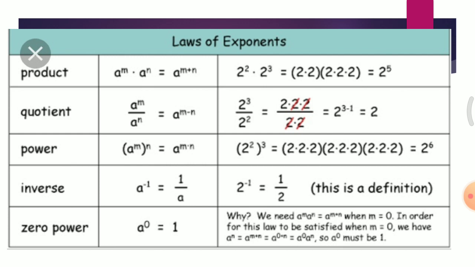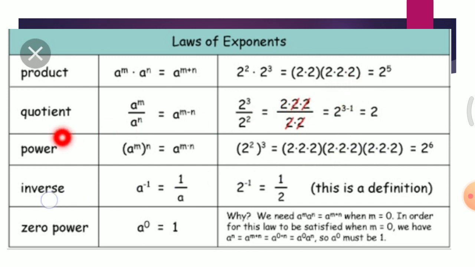If the bases are equal, a power m into a power n, where a is the base and the powers m and n are different, then in the product form, in your answer you will add the powers: a power m plus n. Suppose 2 power 2 and 2 power 3. So you see here, 2 power 2 plus 3 equals 2 power 5.